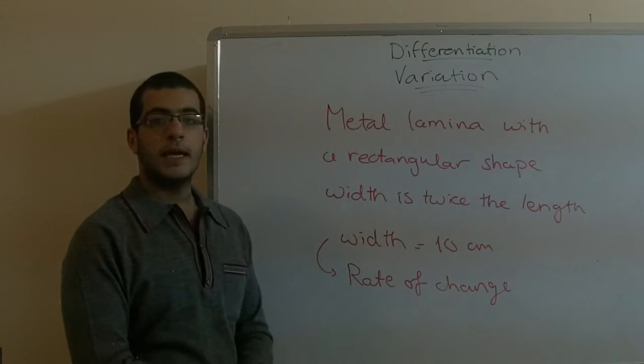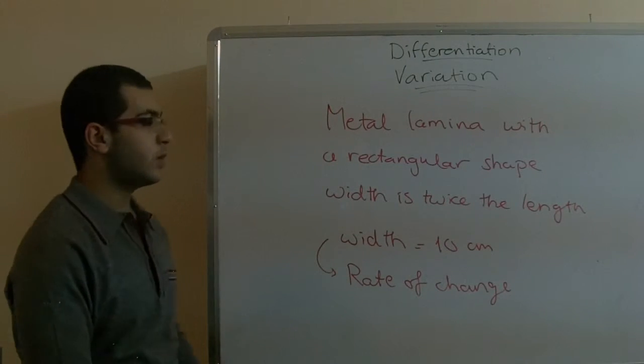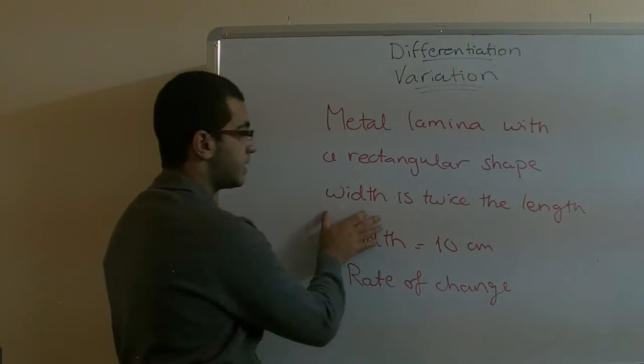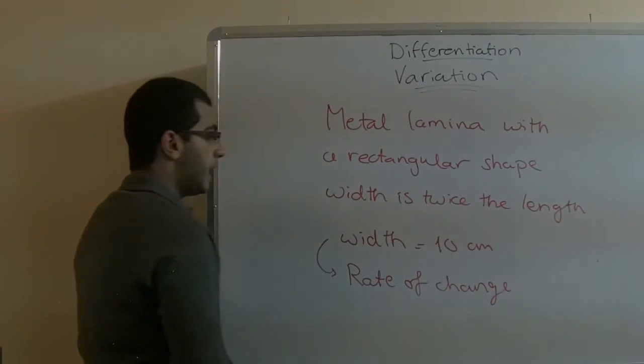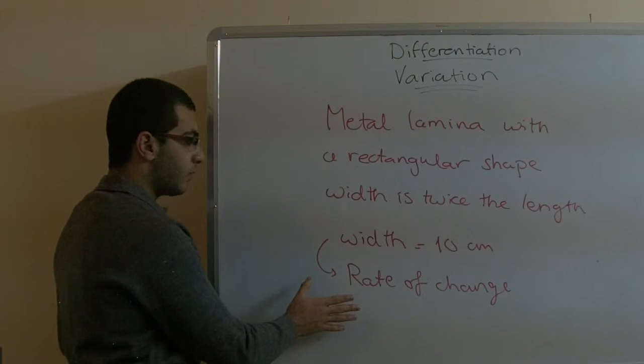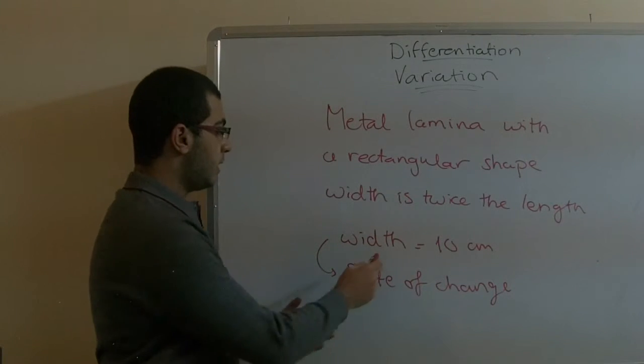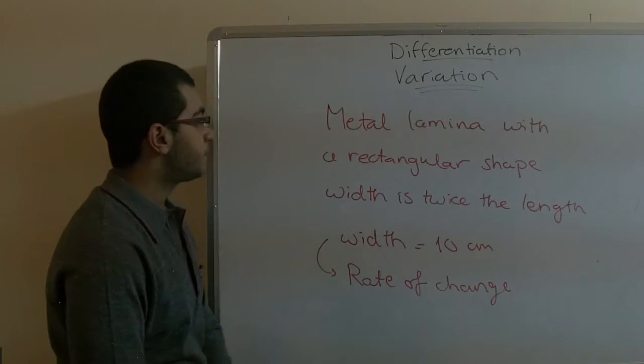So we have a metal lamina, and its area increases gradually while preserving the ratio between the width and the length, and we want to get the rate of change of the area when the width equals 10 centimeters.